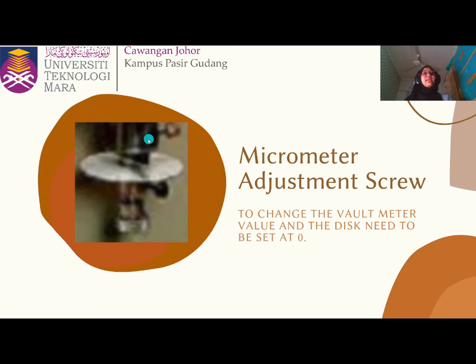For the micrometer adjustment screw, it is used to change the voltmeter value, and this needs to be set as 0. Oh, sorry, there is some typo here. It should be volt, voltmeter value.